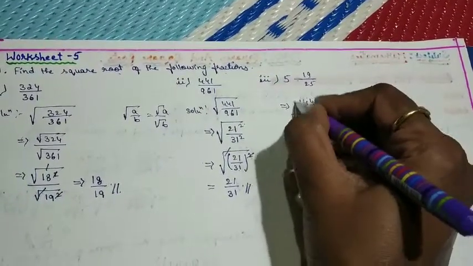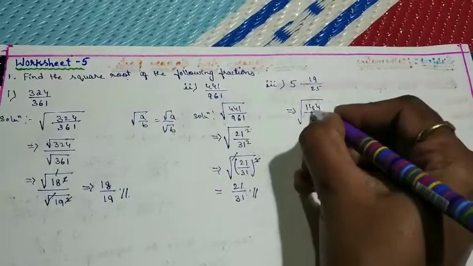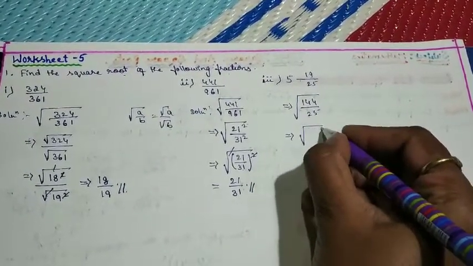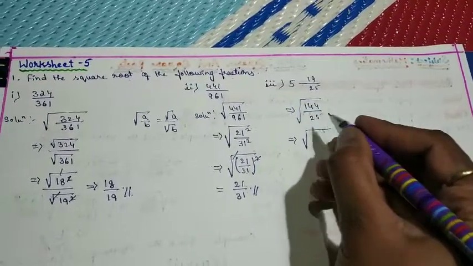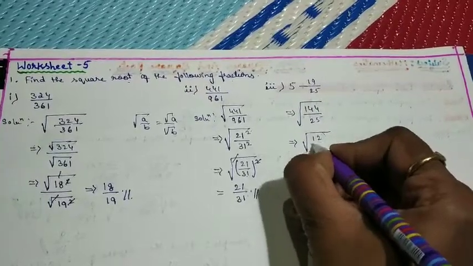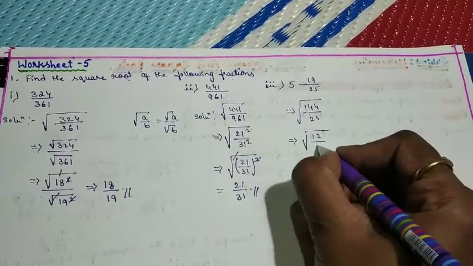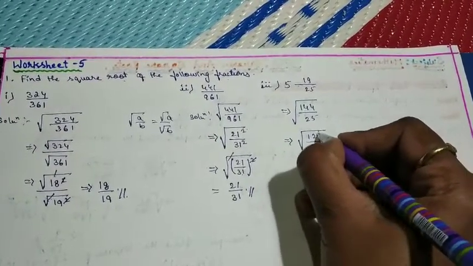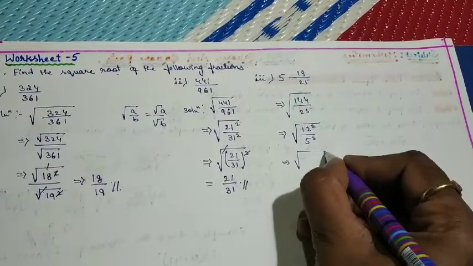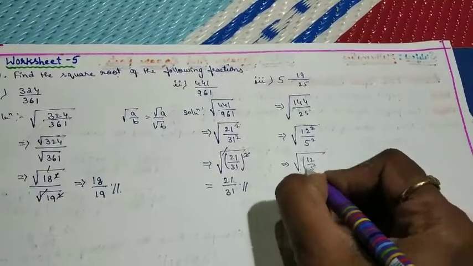And for this he is asking to find the square root. We know that 144 is a perfect square. As I told you, you need to know the numbers from 1 to 30. 144 is a perfect square of 12, and 25 is a perfect square of 5. Then we can write 12 square by 5 square, and this can be written as 12 by 5 whole square.